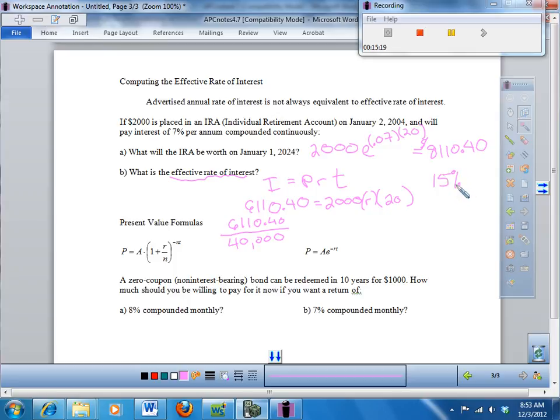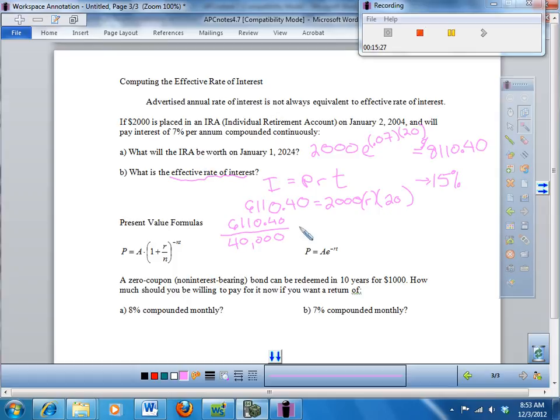Is that right? That's a lot. Calculate it. Plug it in and test it. 15%. Well, it would have to be. That's like 5 times what it is nowadays. So that's pretty good, right? That's why you should invest.